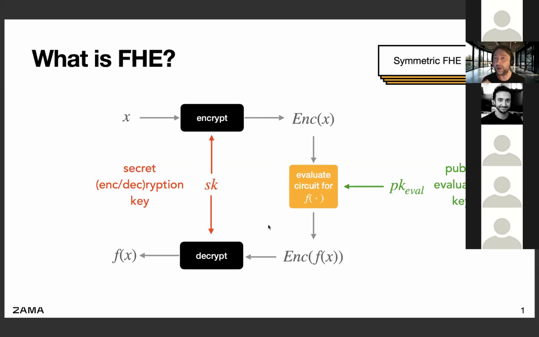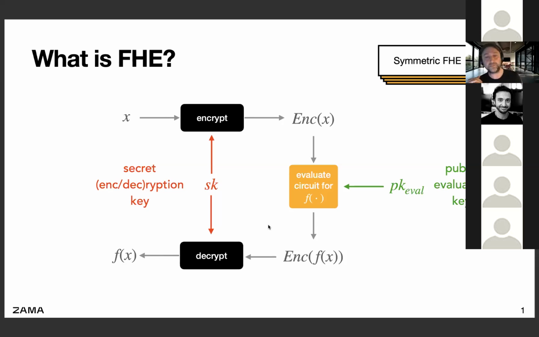But there is also a public key. And this might seem a little strange at first because we're talking about a symmetric scheme, but at the same time, there is a public key. And this public key is actually used by somebody else to take your ciphertext or bunch of ciphertexts and then perform some homomorphic operations on them, resulting at the end in a ciphertext of the result.